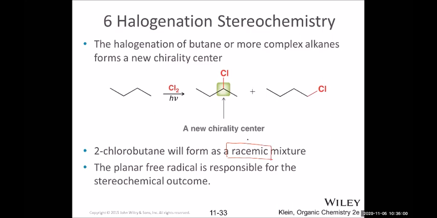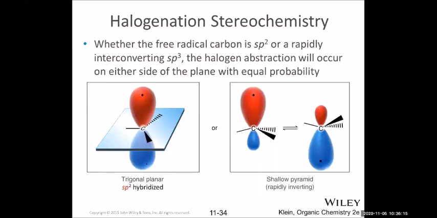In this regard, it's similar to the carbocation reaction mechanism. Okay. The planar is not exactly planar. Keep in mind it's planar by average. Yeah, so this shows you the trigonal planar.